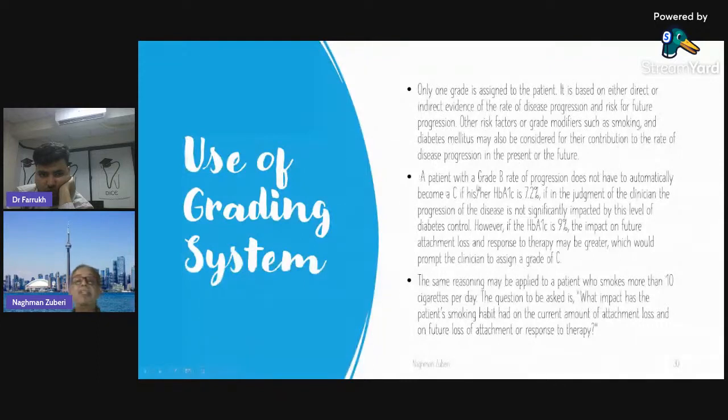A patient with a grade B rate of progression does not have to automatically become C if their HbA1c, the glycated hemoglobin level, is 7.2%.